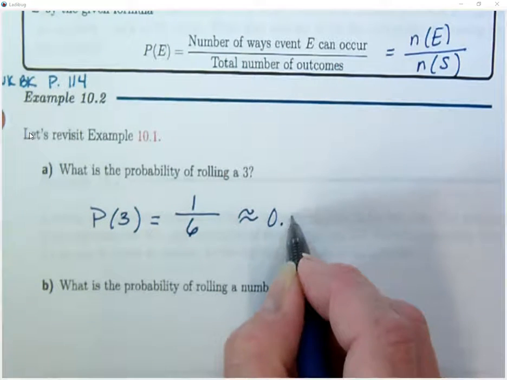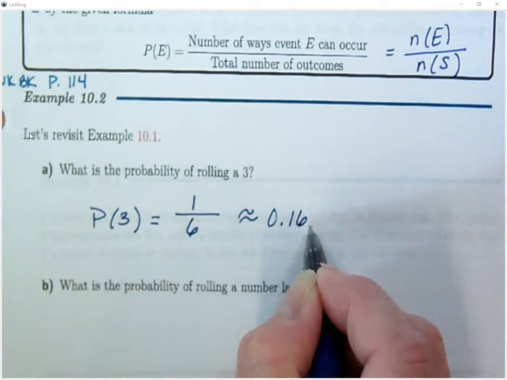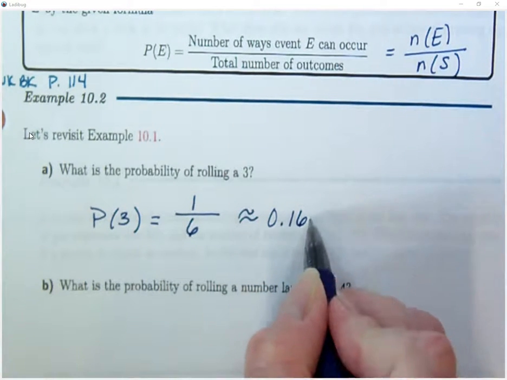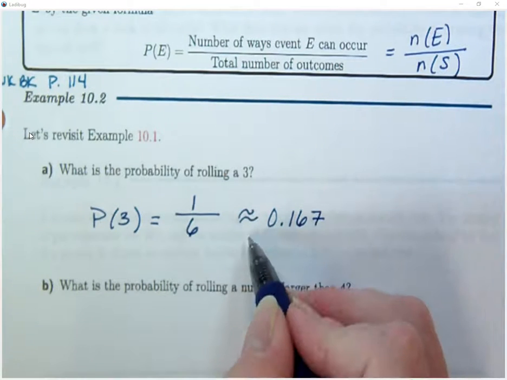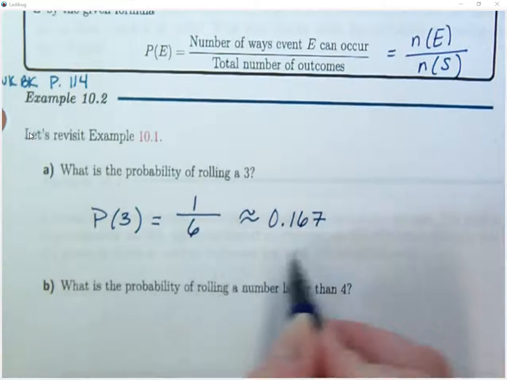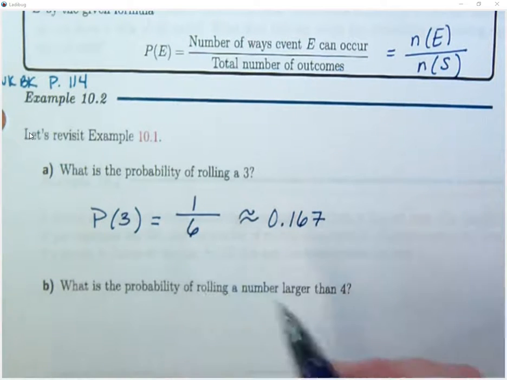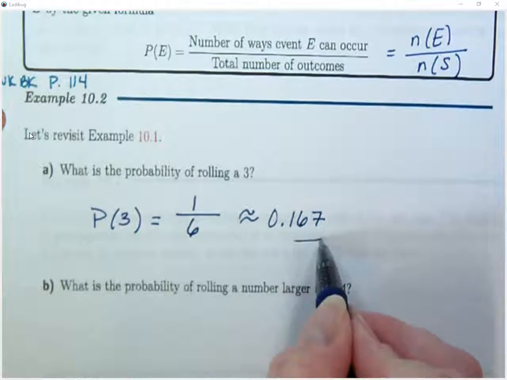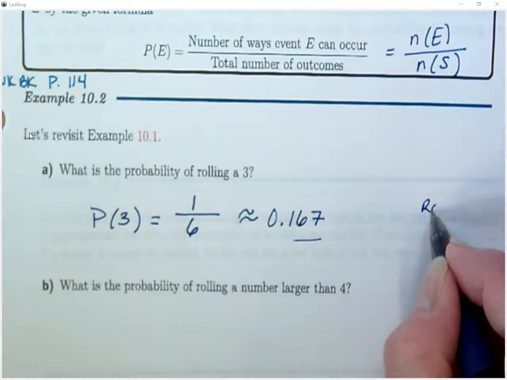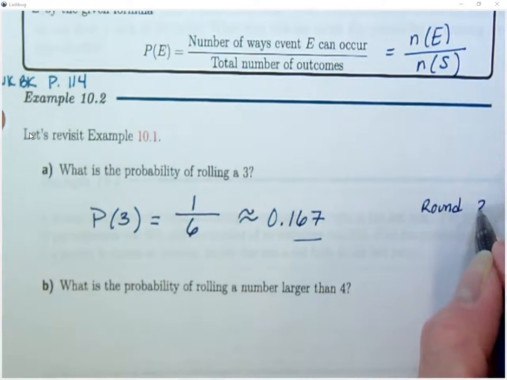So it would be 0.166666, and so on forever. So we're just going to round to 3 places. So we're using our approximation symbol, and either of these answers is fine. About rounding, you want to round to 3 significant figures.